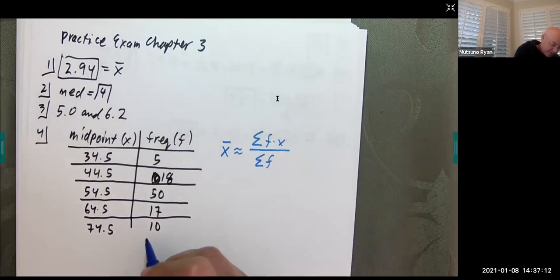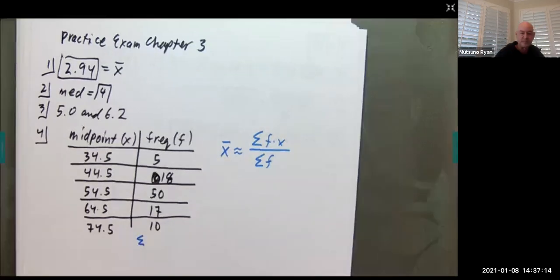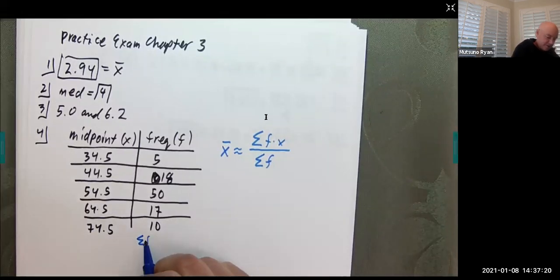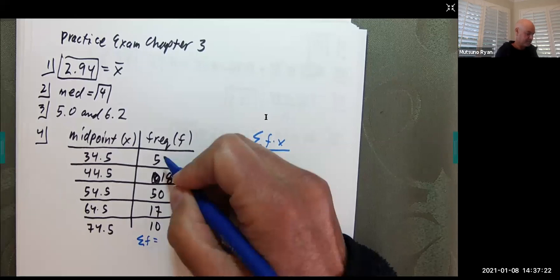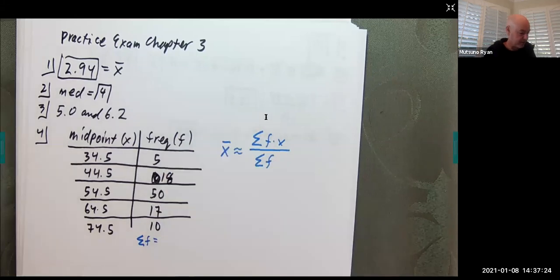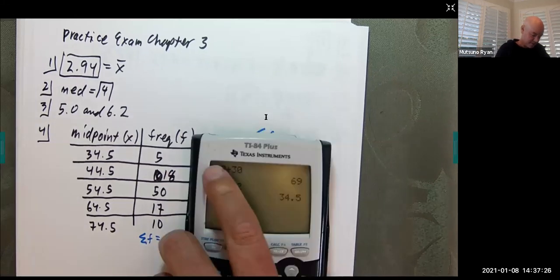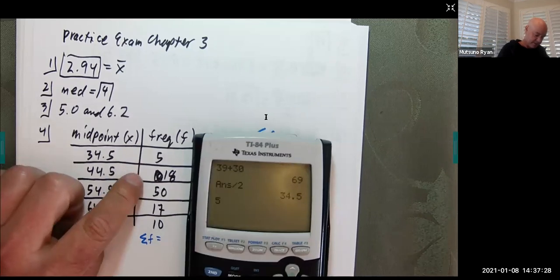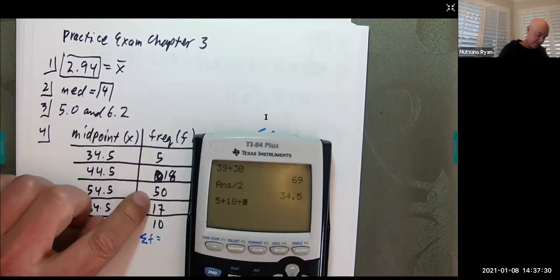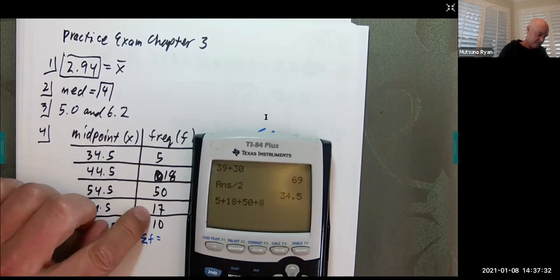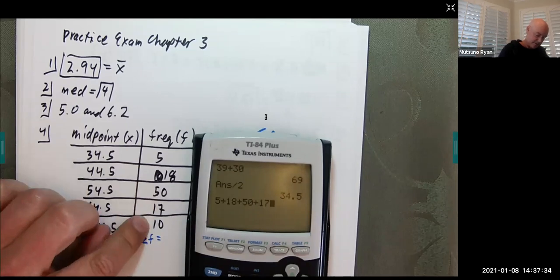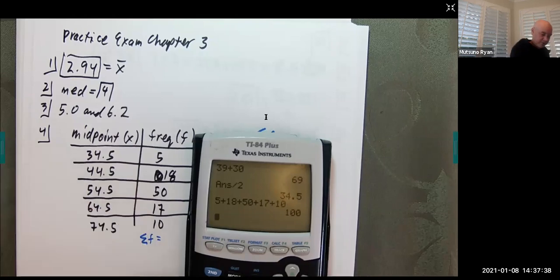Now, the summation of F is going to be me adding these up. So let's just add those up real quick, and that'll be my denominator. So 5 plus 18 plus 50 plus 17 plus 10 gives us a nice even 100.